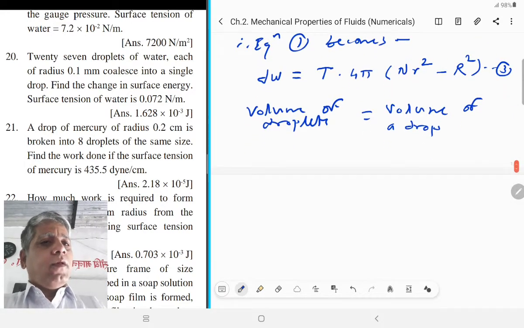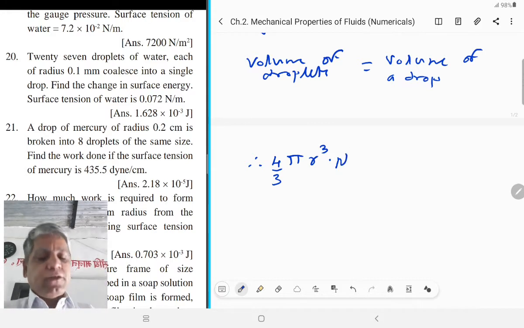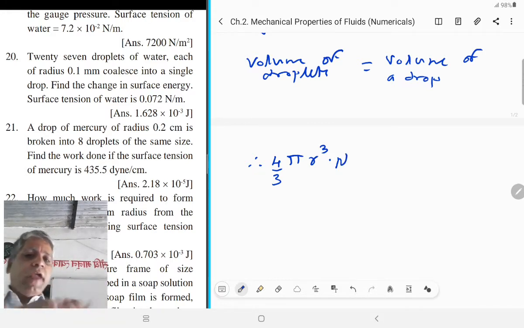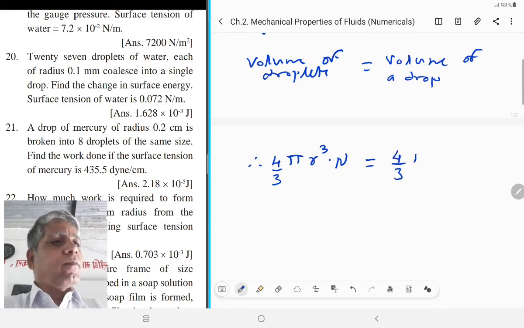Therefore n times 4 by 3 pi r cube, where n is the number of droplets that get together to form a single drop, is equal to the volume of a single drop, that is 4 by 3 pi into capital R cube.